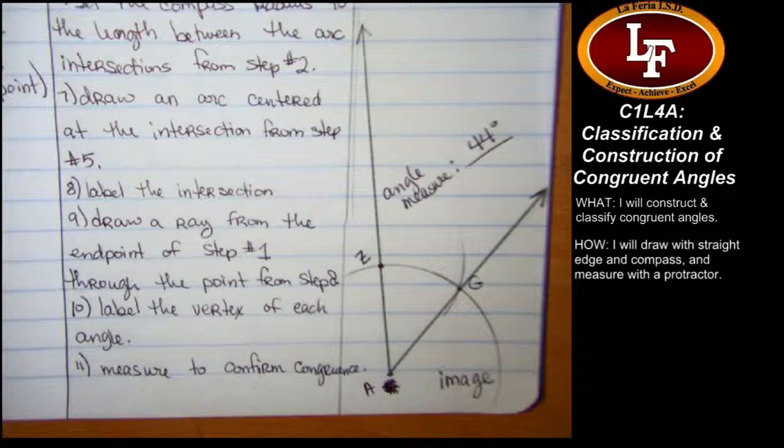So I'm going to recommend that you do your original construction very lightly in pencil. Don't press hard. And once you get them where they are perfectly congruent, trace over them in pen, so that I know this is my construction. I'm going to measure this angle, and they need to have the same measure. I'm telling you, this is 18 and this is 45. I recommend that you double check it. And if you get a different measure here, change it.